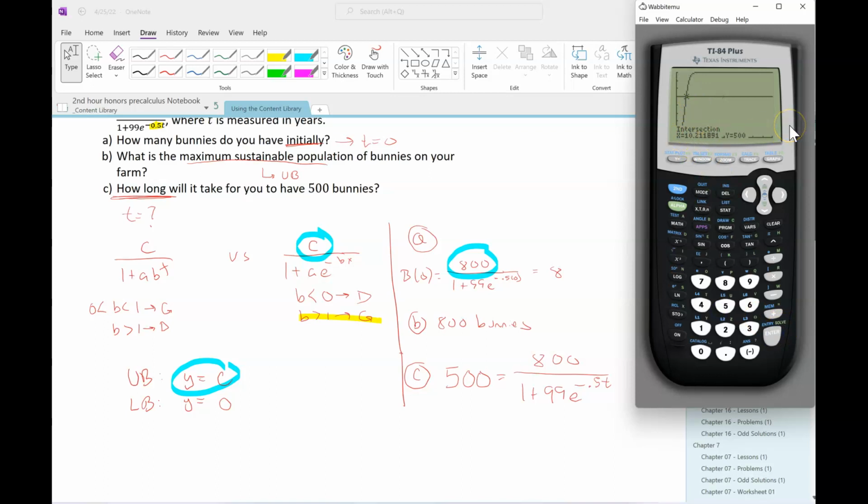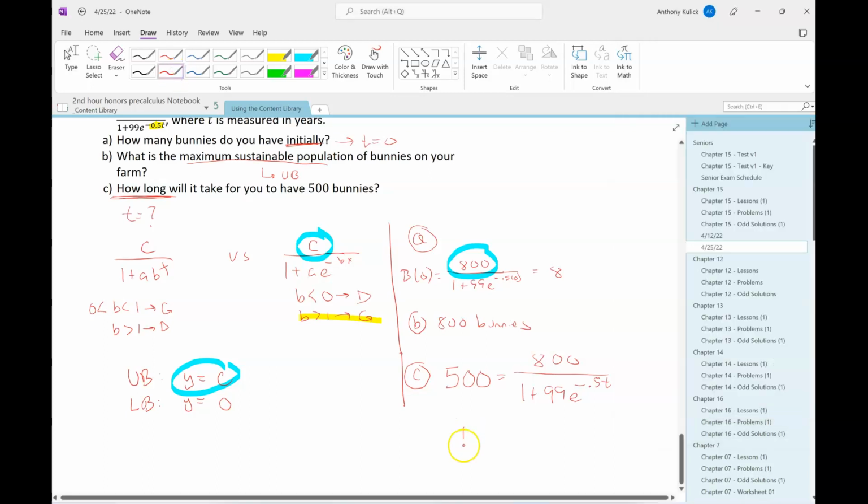So it took about 10.21 years. You went from 8 bunnies to 500 bunnies.